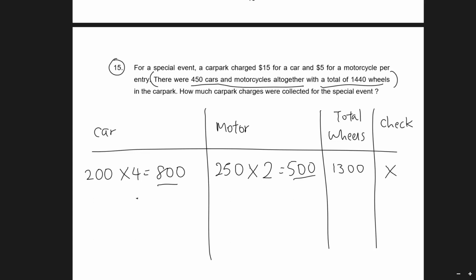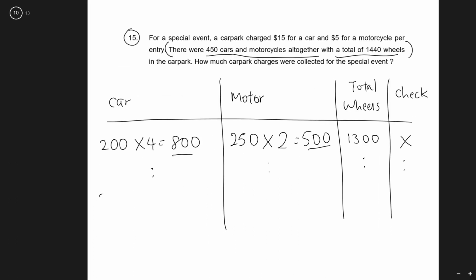Okay. Now, the reason why I'm going to save time is that I don't want to spend too much time on guess and check in this video. I'm just going to show you that by guessing slowly, you will be able to arrive at 270 for cars, and for motorcycles, it will be 180.